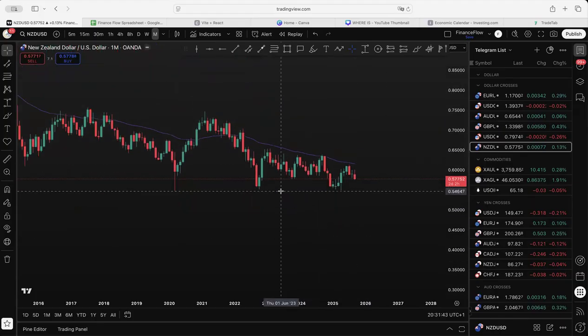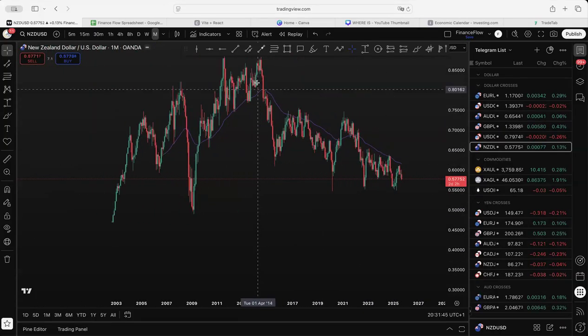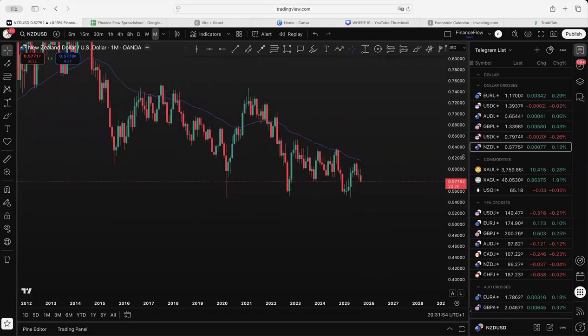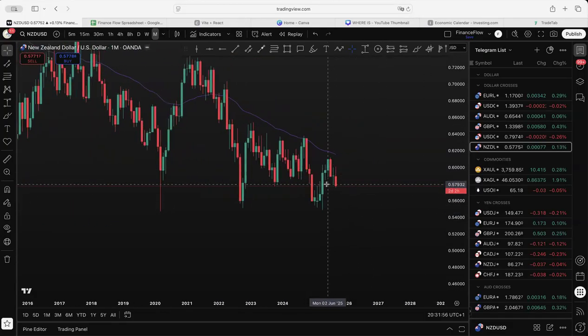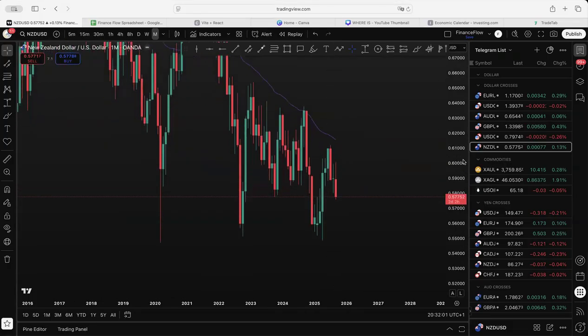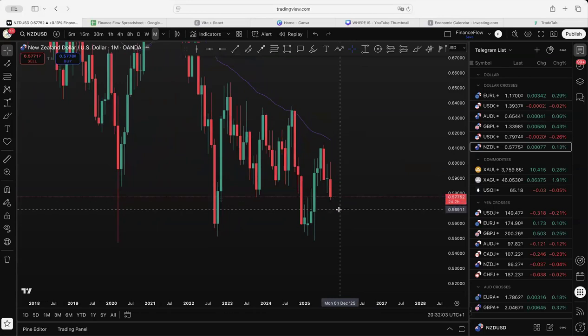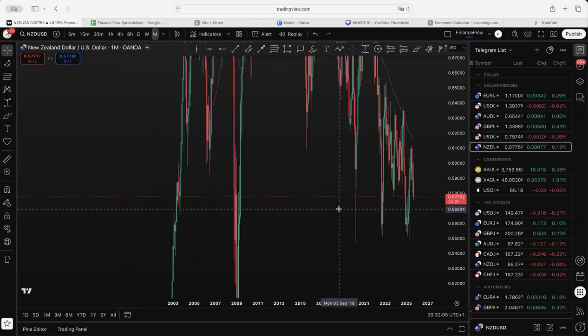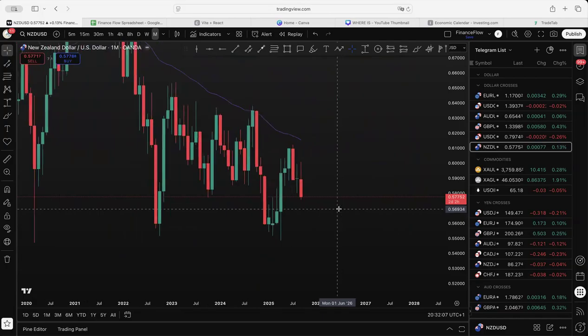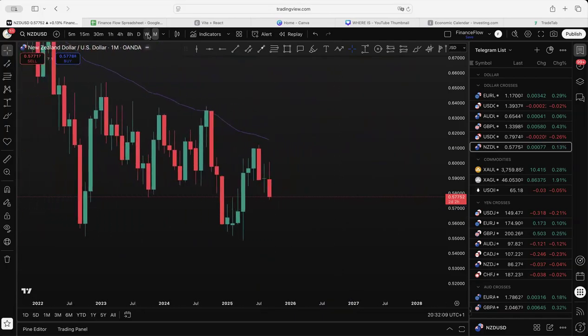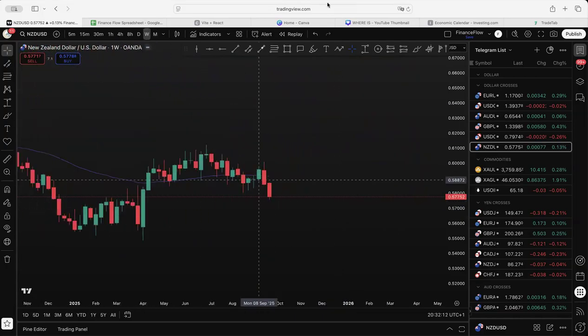We can see here, right? We've been trending to the downside since June 2014, and still trending. So monthly wise, this month is going to finish obviously below the previous month. It's a very, very bearish candle, and this could end up down here. So that's one thing to be aware of here. On the weekly, the last two weeks have been terrible.